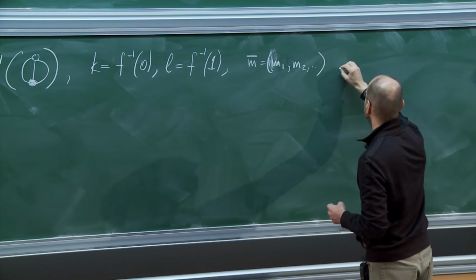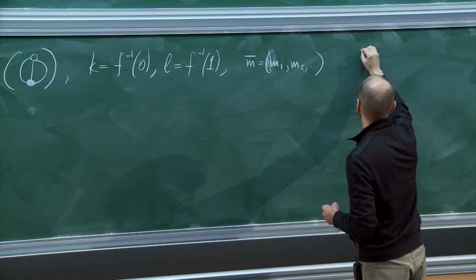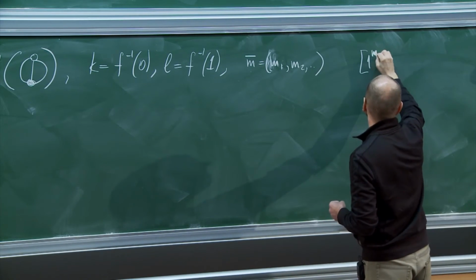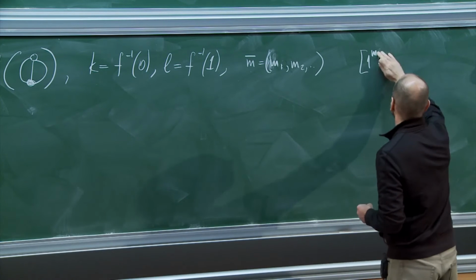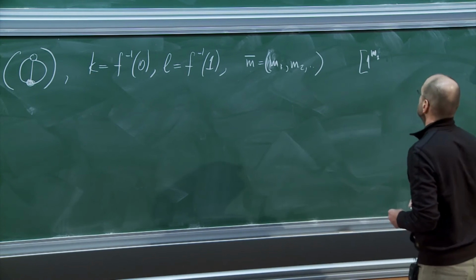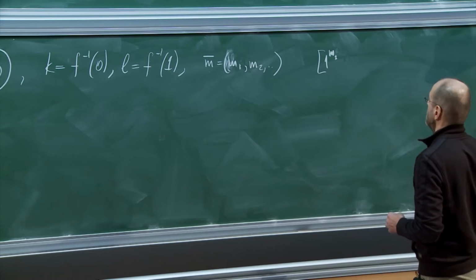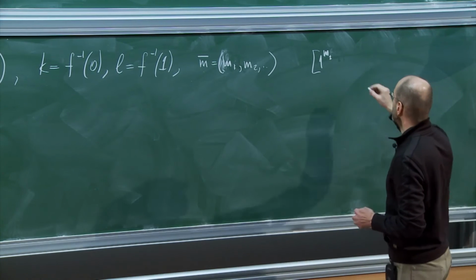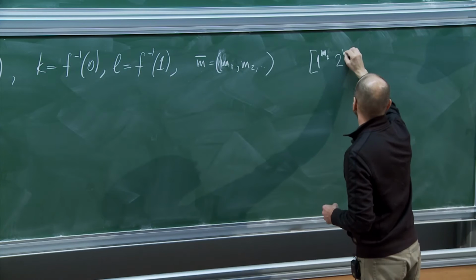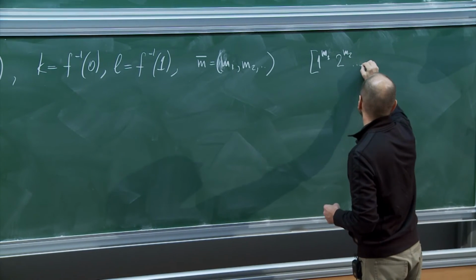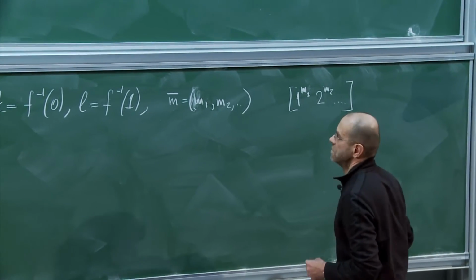In other words, the profile over infinity is 1 to M1. So there are M1 simple poles, M2 poles of order 2, and so on.